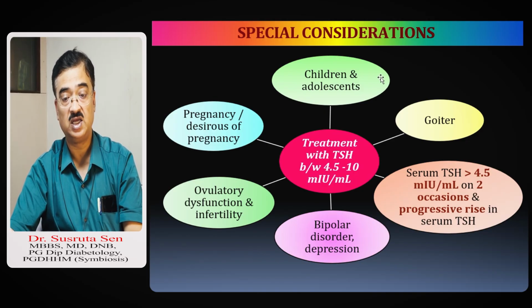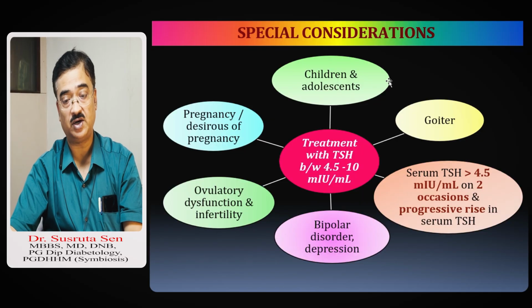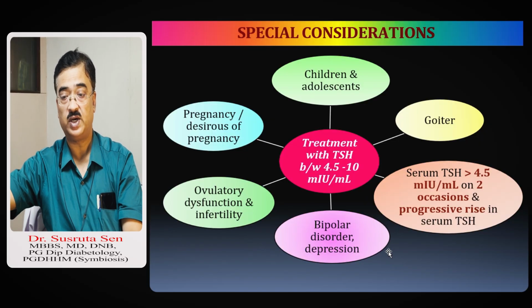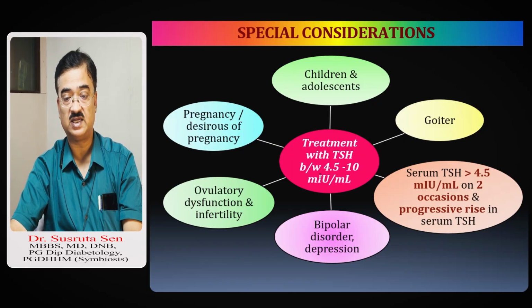Even if the person becomes hyperthyroid, we accept that in treatment, but can't afford hypothyroidism. Goiter, a patient with goiter, definitely. Also if TSH is more than 5 on 2 occasions and we have found that TSH is stepwise increasing. In such a condition, the trend shows that the patient is definitely hypothyroid and going more towards overt hypothyroidism.